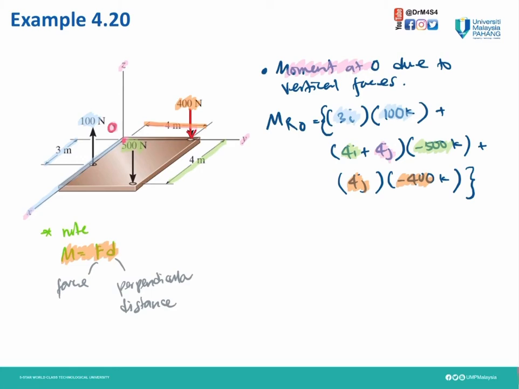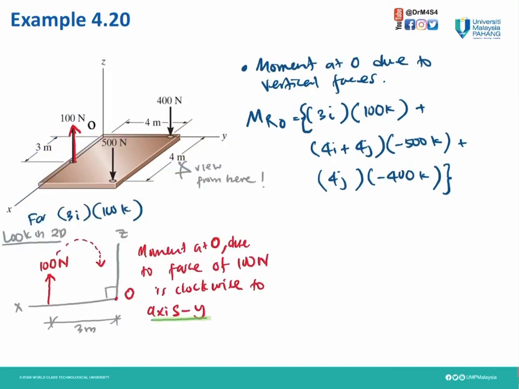Now we need to expand this MRO. First of all, we need to go for 3I times by 100K. So this is our 100. We need to look exactly at our I here. So this is how it looks like. So this is the Z-axis, and this one is the X-axis, and it is 90 degree.